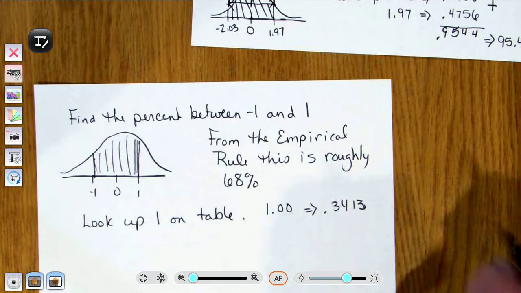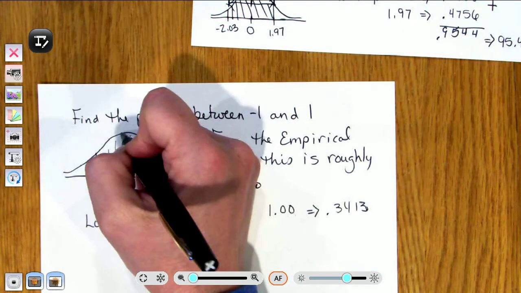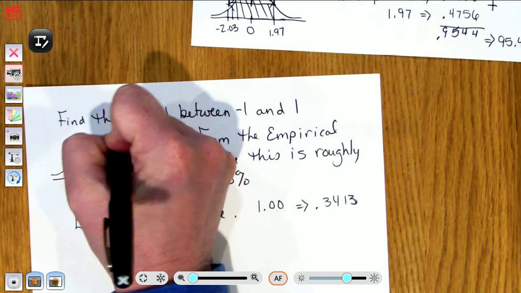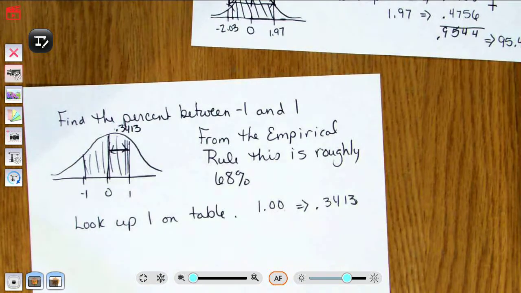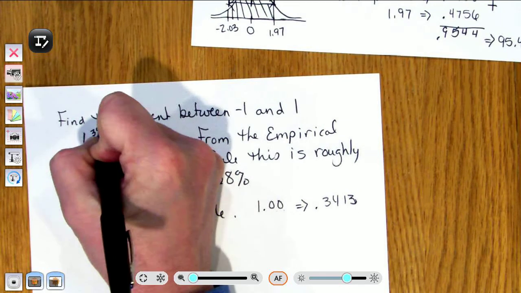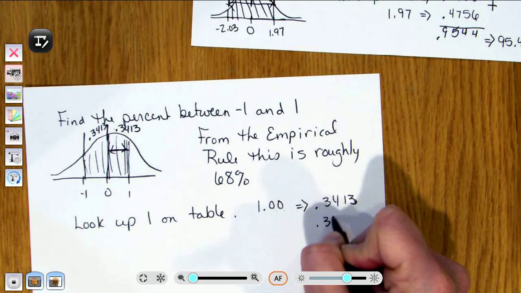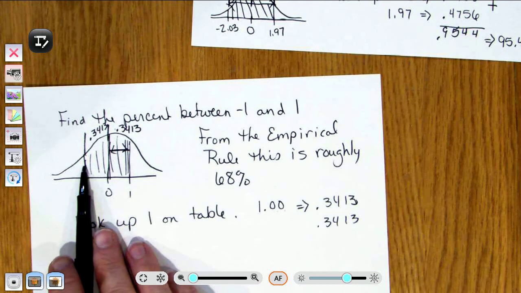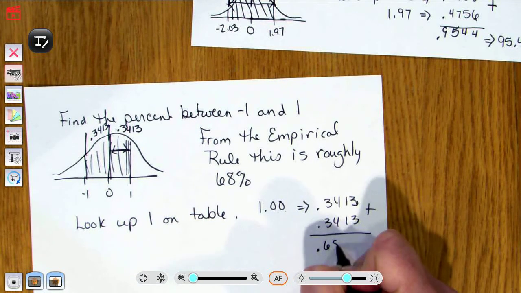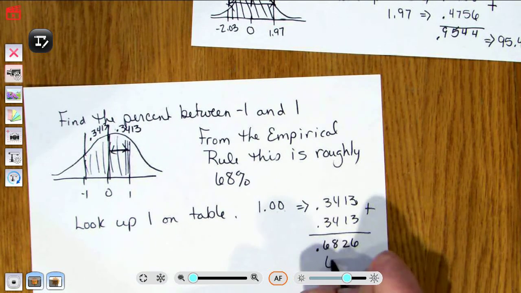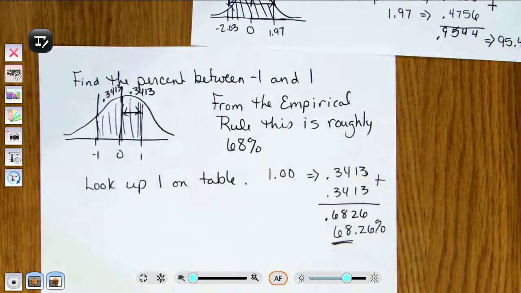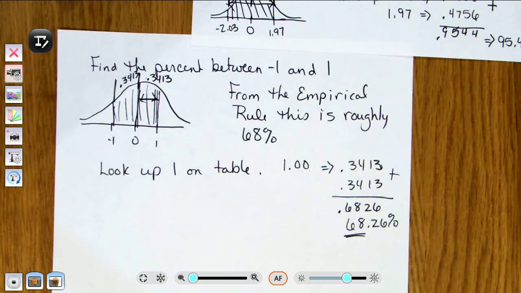Whoops, that didn't come through very well. 0.3413, which means from 0 to 1, right here, 0.3413, which also means on this side, even though it doesn't look like it, 0.3413. So to go from here to here, I would add these guys together, so 0.6826, or 68.26%. Roughly 68%.